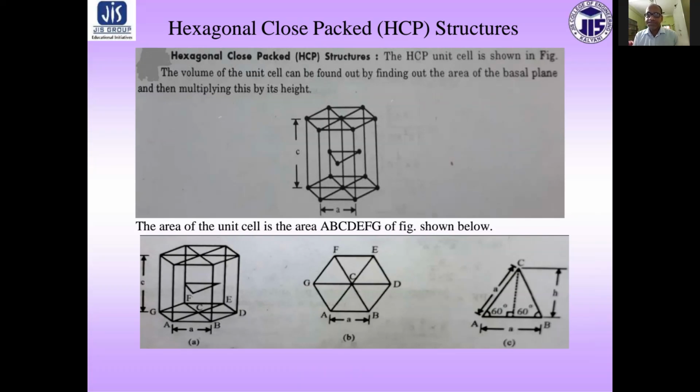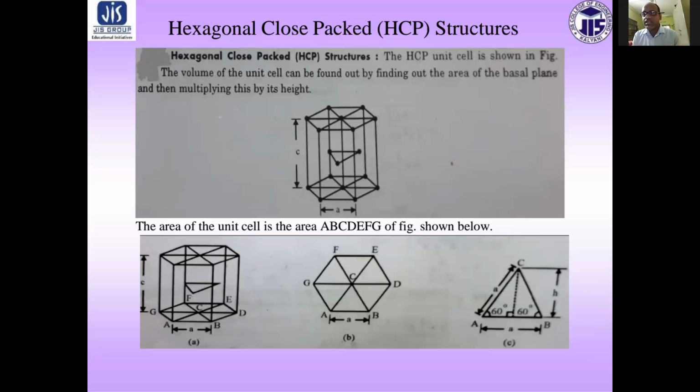Here the height of the unit cell is taken as c, and the basal plane is a hexagon, A, B, C, D, E, F, as shown in figure B. One hexagonal unit length is taken as a.